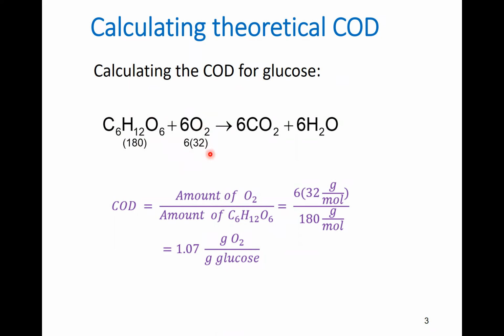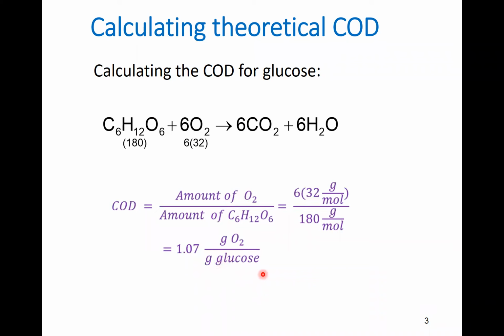So how much chemical oxygen demand is that? I need to calculate the amount of oxygen, 6 moles per mole. In terms of grams, I need 6 times the molecular weight of oxygen, 32. After simplifications, I will get 1.07 gram COD per gram glucose.